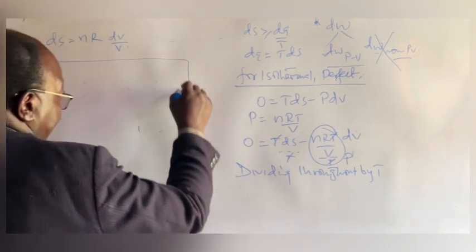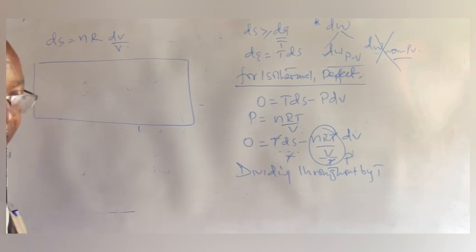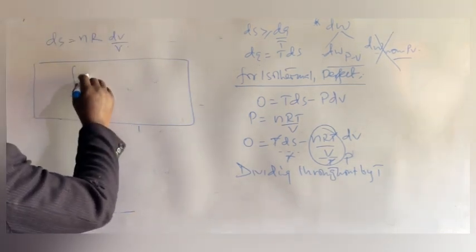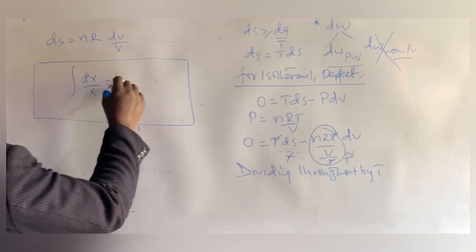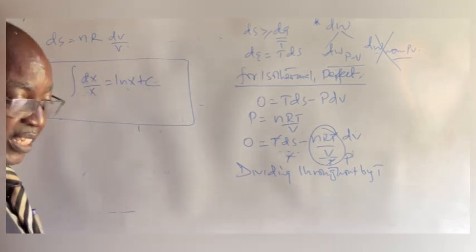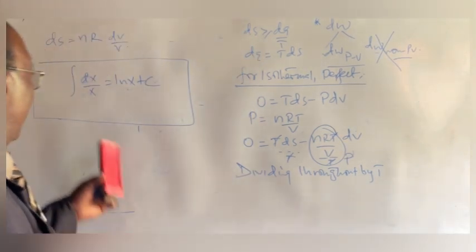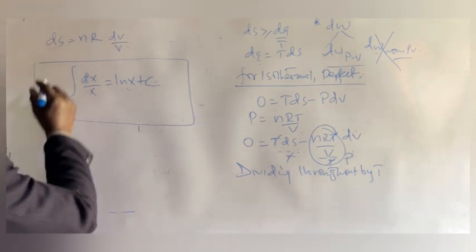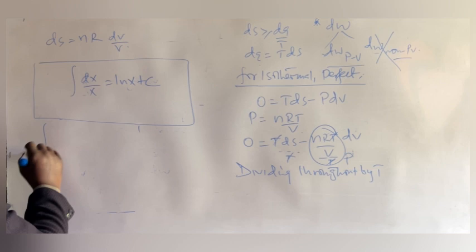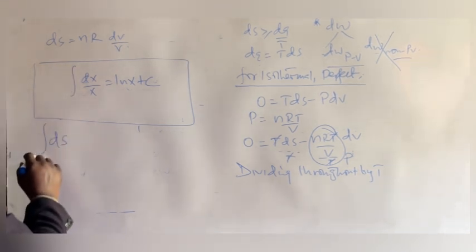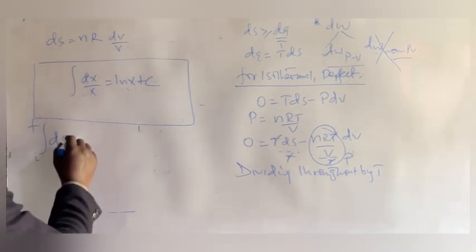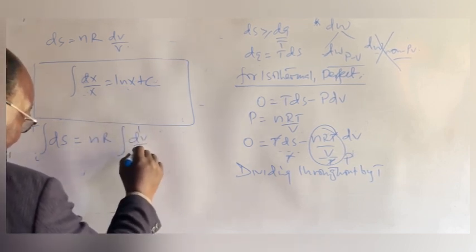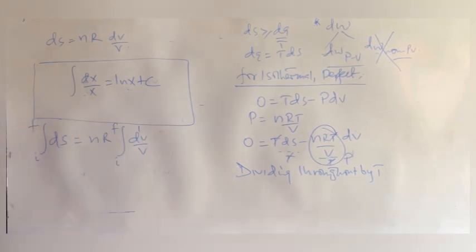And of course, using the identity, which we have now used severally in these lectures, that the integral of dx over x is the same as the natural log of x plus C. C is the integration constant when you have not specified the limits of the integral. So on integration, we have the integral of dS from some initial to some final quantity, will be nR times the integral of dV over V, from some initial state to some final state.